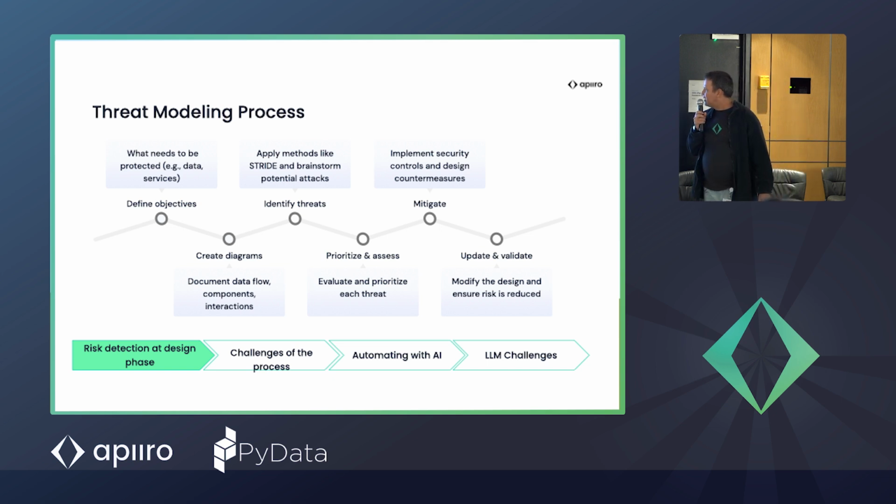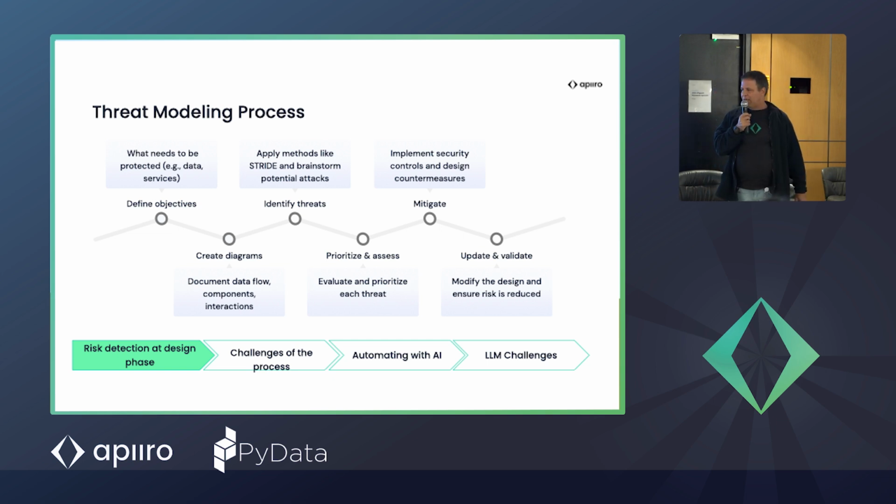After that, you identify the threats. And this phase is very important. And then you go to prioritization of threats, and then you think about how you're going to solve them in the mitigation phase.